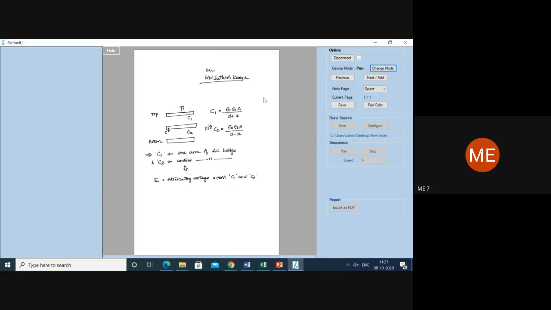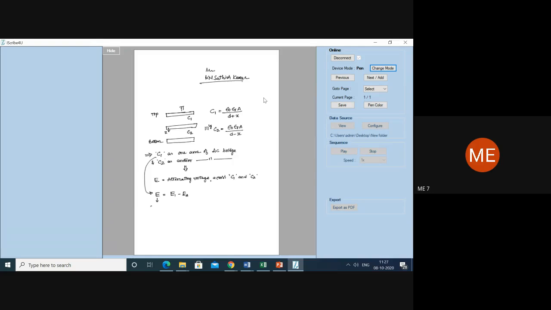Okay, right. So E is equal to the alternating voltage which is going to be developed across C1 and C2. Now, E is the difference between E1 and E2.